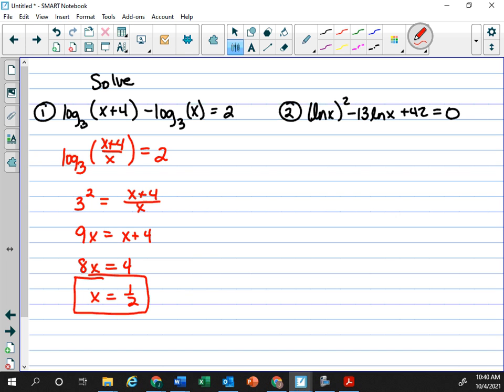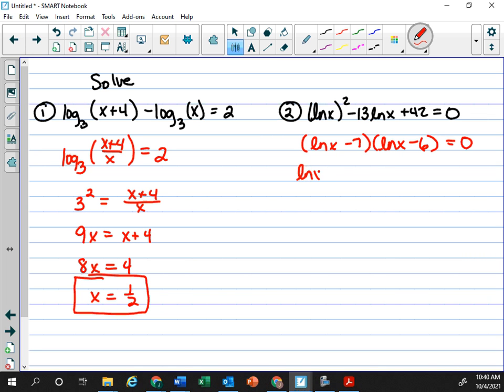Okay, number 2, totally different again. This is a factoring problem. When you see 3 terms like that, hopefully it kind of goes, okay, trinomial, I should factor it. So this is going to be natural log of x minus 7 times natural log of x minus 6. Okay?